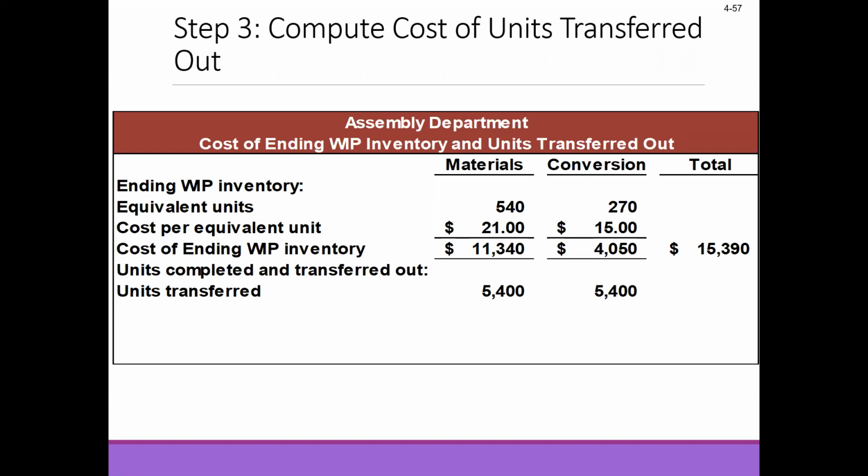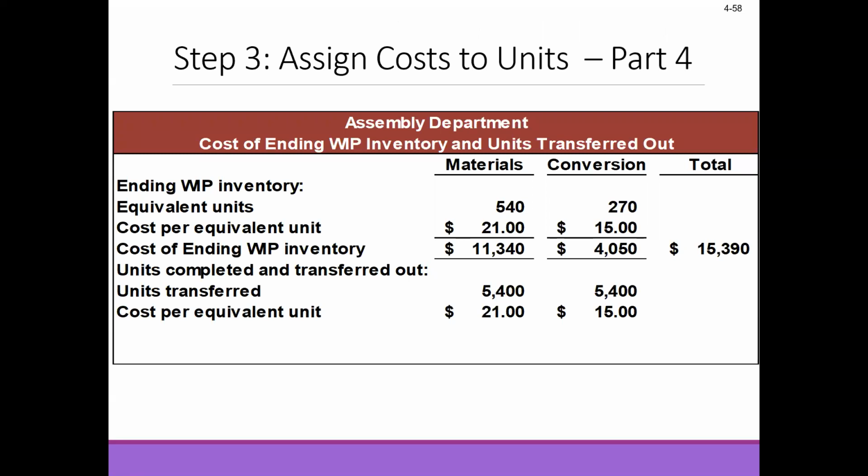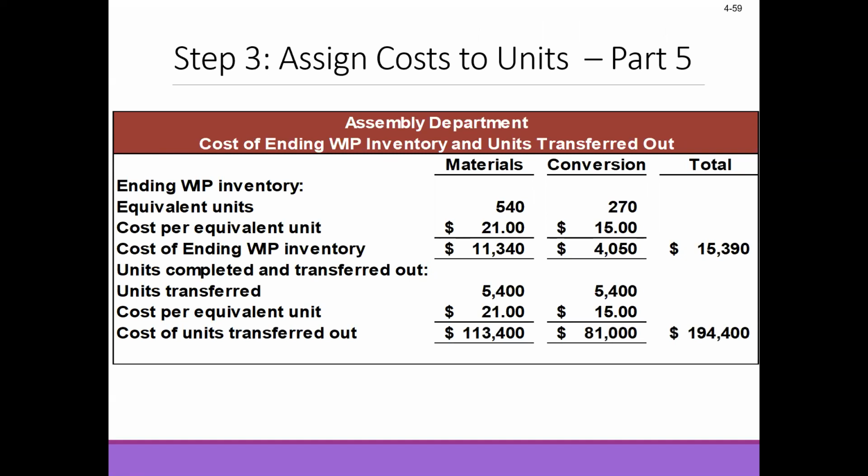The units transferred out at the same cost per equivalent would give us the WIP at the end of the period of $15,390 in costs, and the amount transferred out during the period, 194,400.